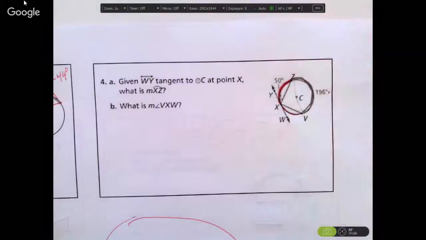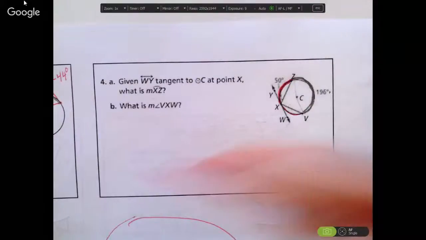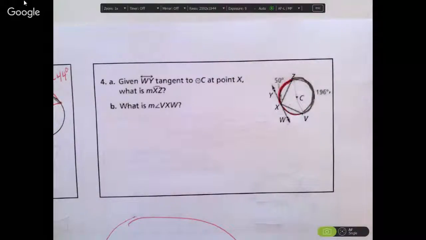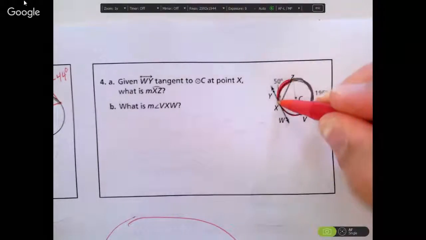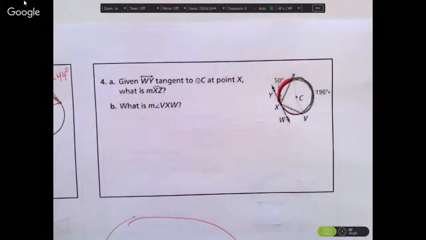How much of 360 is that part of the circle? I see it right now. Does anyone else see what it is? This red arc, how much of the circle is this? It's 100.